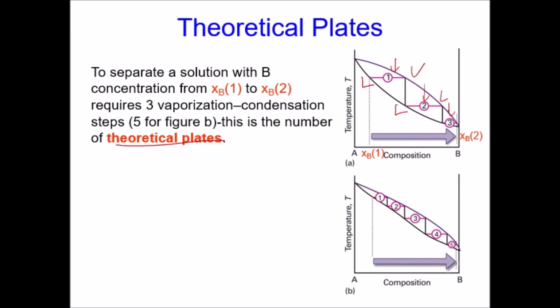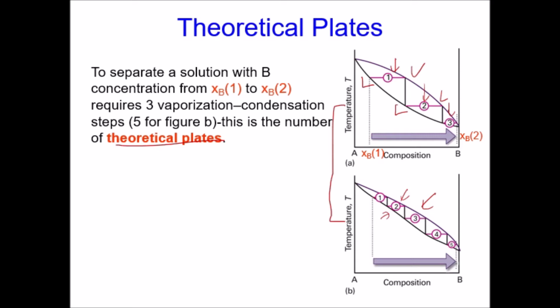Now, different mixtures may have different phase diagrams. So if we compare these two phase diagrams, you can see in the second one, the two curves, the vapor phase composition curve and the liquid composition curve, are very close to each other.